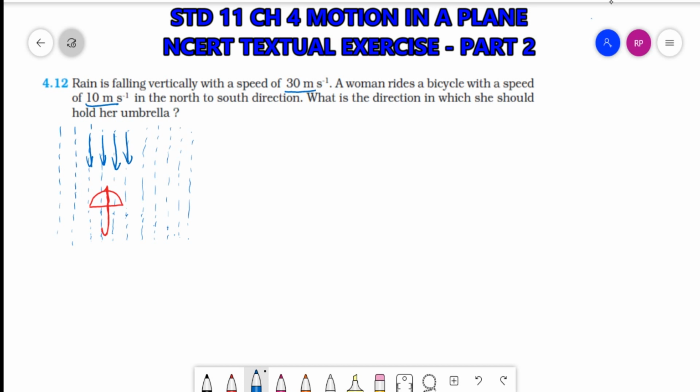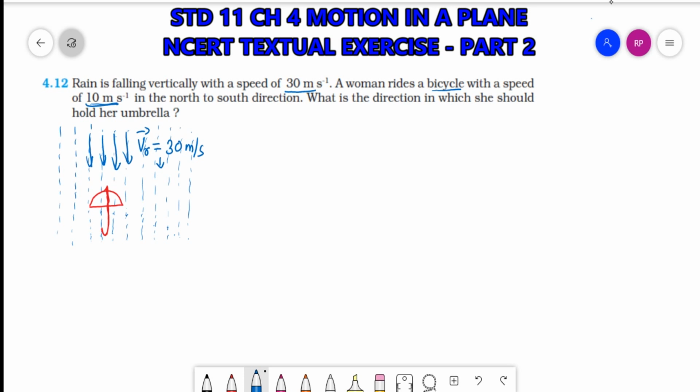But now it is given that the woman rides the bicycle with a speed of 10 meter per second. The velocity of rain is 30 meter per second downward. And the velocity of the bicycle, which the woman rides, is 10 meter per second in the north to south direction.